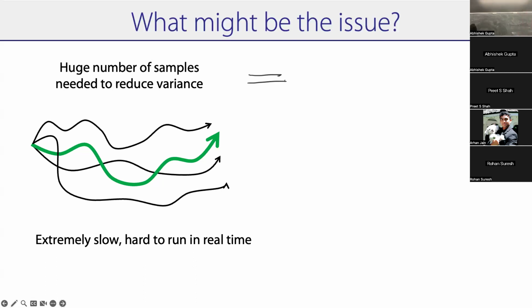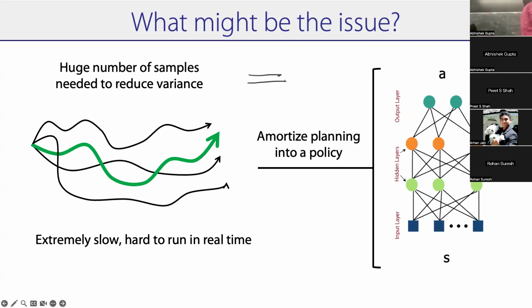And so the next idea that we're going to explore is: how do we take the benefits of models and amortize them into something that can run in real time? We want something that can run on an edge device like a robot, in real time. We're just going to do amortization, which means we're going to take a model and use it to learn a policy. A policy at test time doesn't have to do any internal planning. It just needs to run your policy.